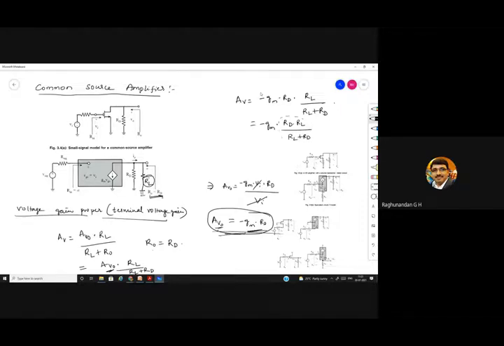When you look at this formula, does it resemble any formula which you already know?